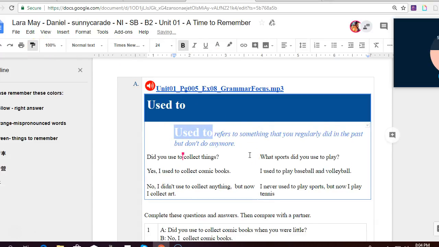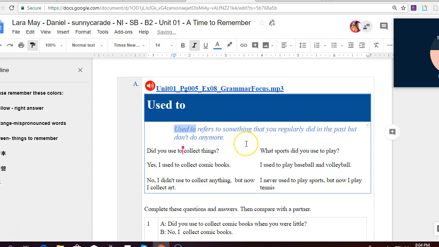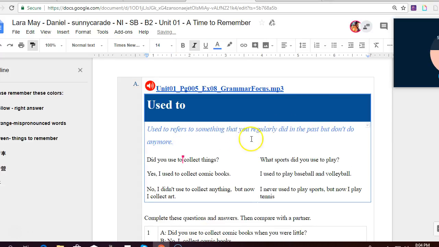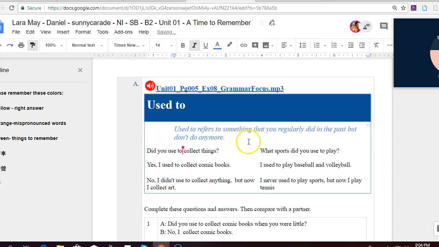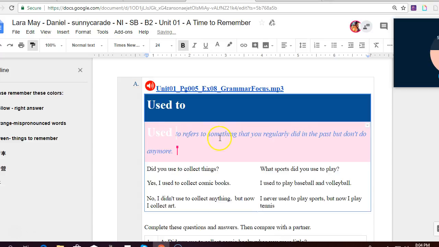"Used to" refers to something that you regularly did in the past but don't do anymore. So, there are things that you were doing before and you stopped doing now. When you are creating a sentence, you will always use "used to."